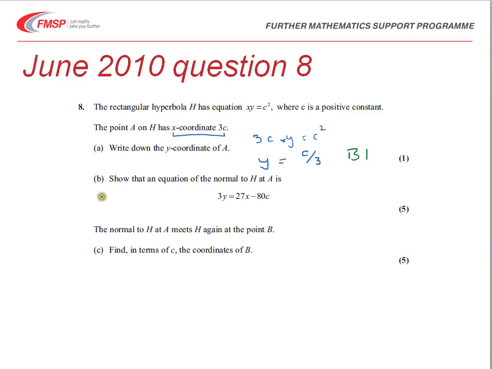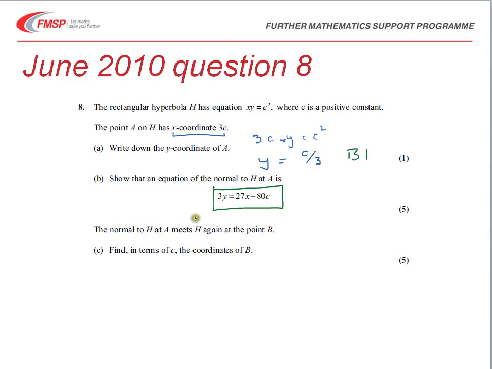It goes on now to use this idea of finding either the tangent or the normal. In this particular case, we're asked for the normal, and we're given the equation of the normal, so we need to show that this is in fact the normal at the point A. So we've now got the point (3c, c over 3).